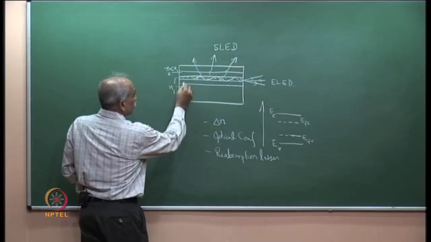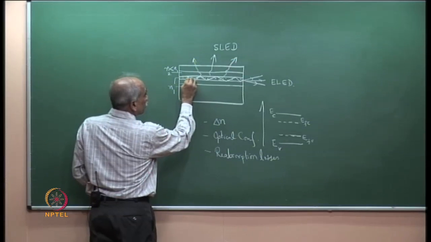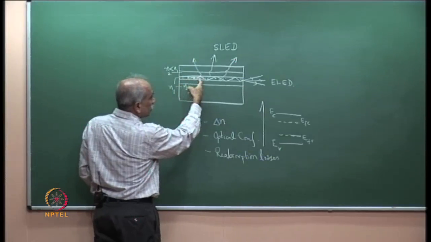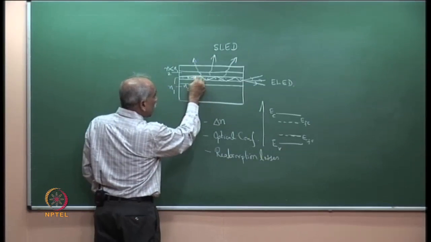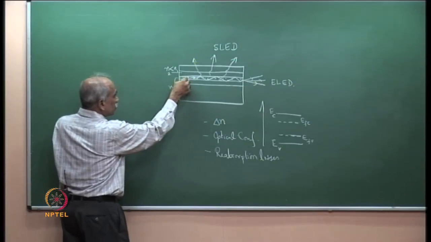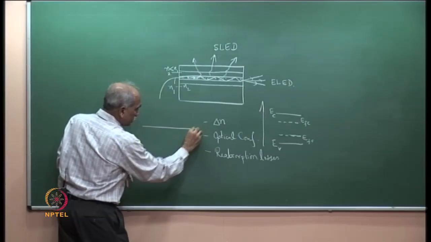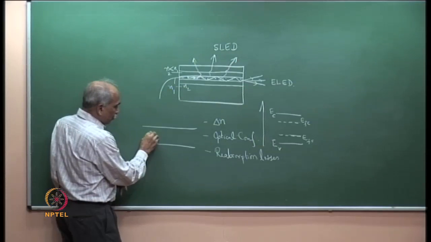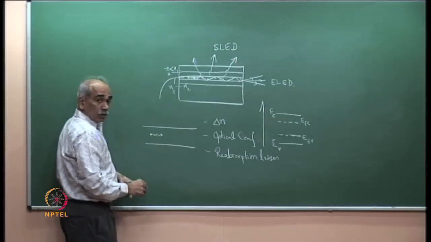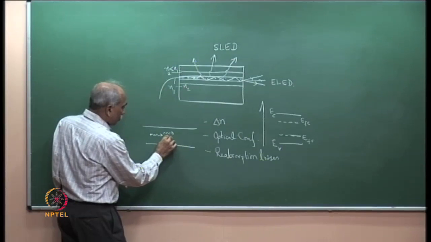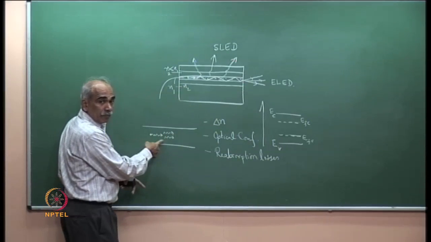And therefore, a photon which is generated and traveling in this direction will start stimulating additional photons. If I zoom into this portion, a photon traveling like this will stimulate further stimulated emission, and therefore this will start building up.